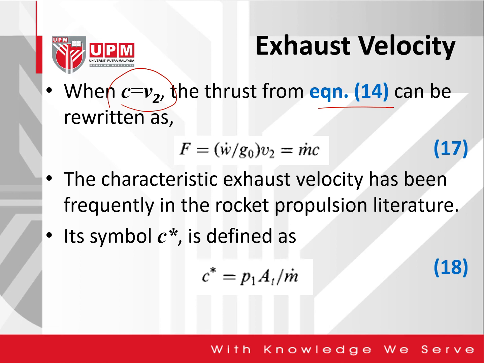The characteristic exhaust velocity has been frequently used in the rocket propulsion literature. Its symbol, C star, is defined as expression 18. This is the characteristic exhaust velocity.